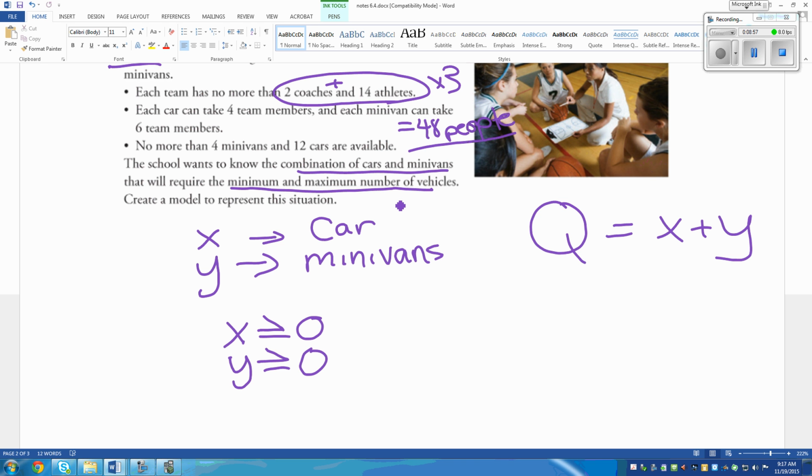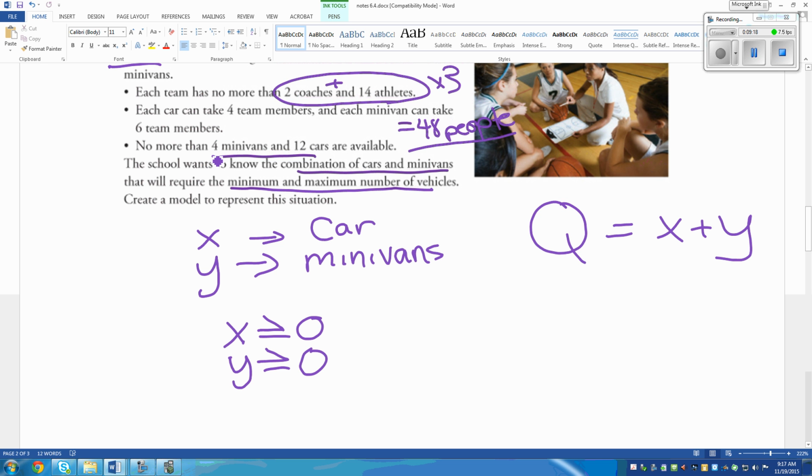Okay. So lots of people will just do the math and figure out what the answer should be. But in these cases, we have to come up with the inequalities and come up with the equations. Okay? So I might start with this last point just because it seems very easy.